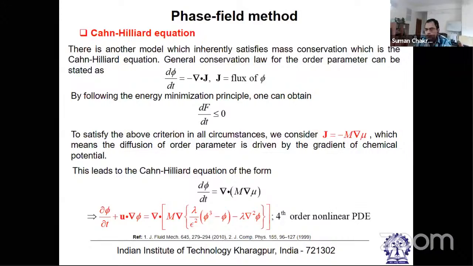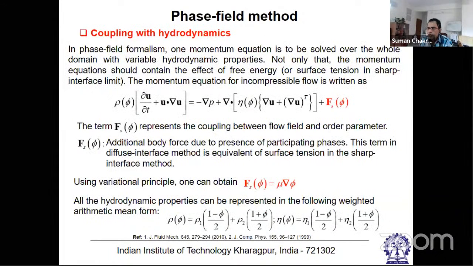So what we can do is of course solve this equation and get the phi as a function of position and time, but we cannot use the same template of second order convection diffusion equations like the energy equation, Navier-Stokes equation, etc. So some additional mathematical treatment is involved.